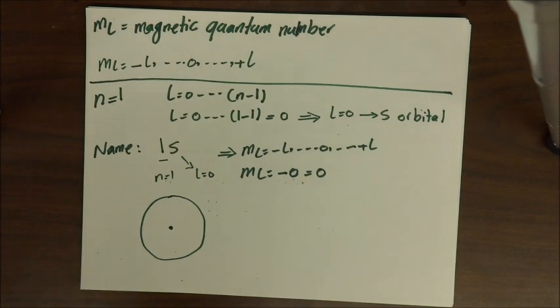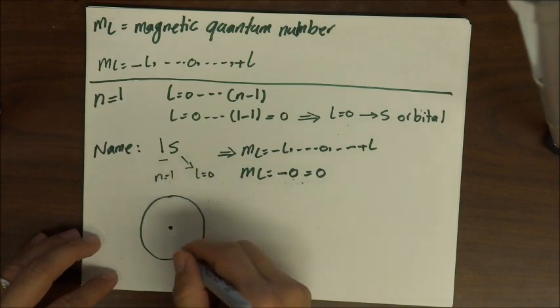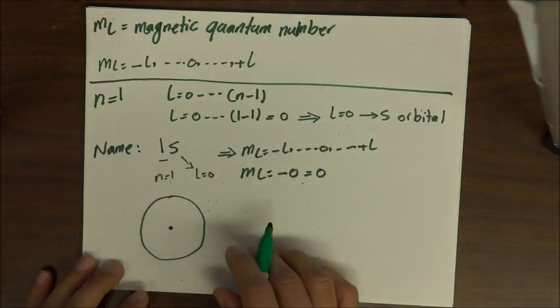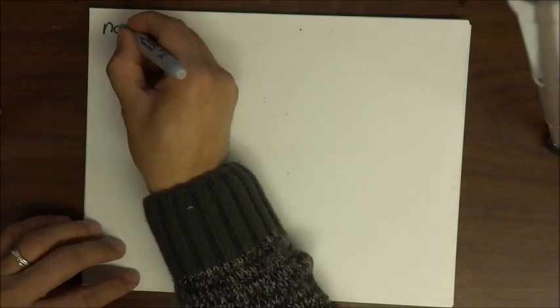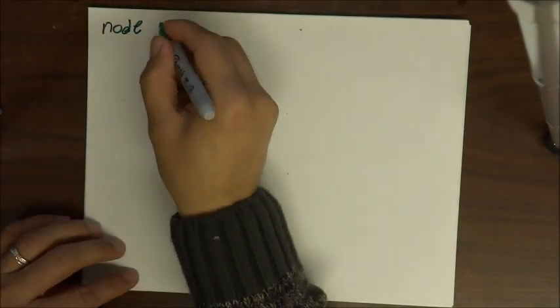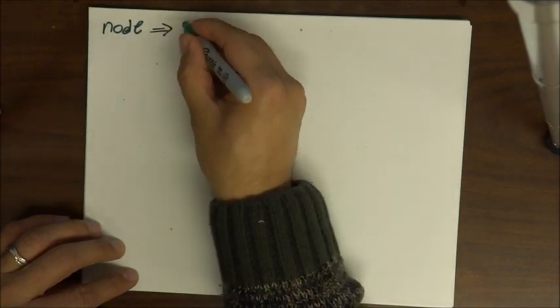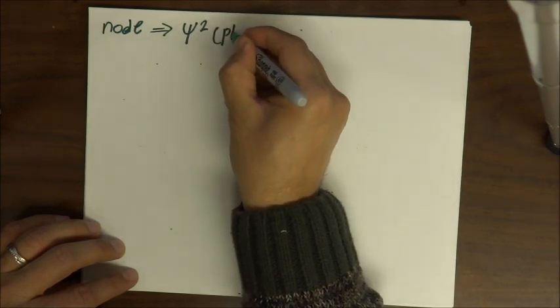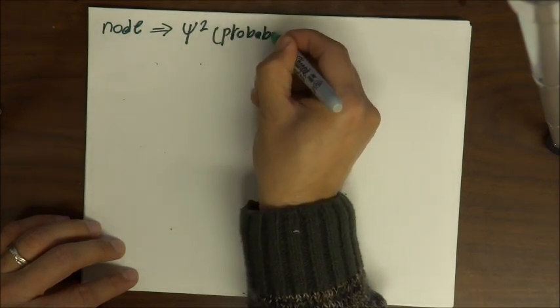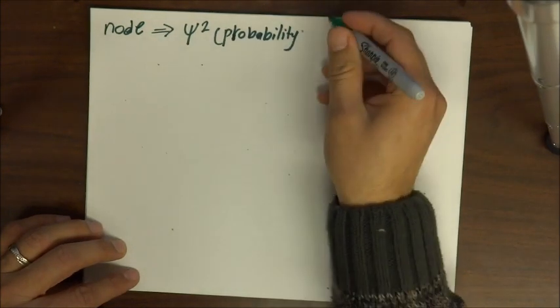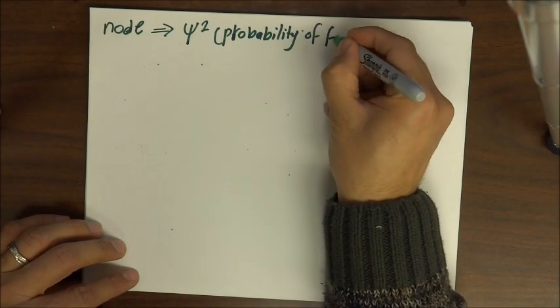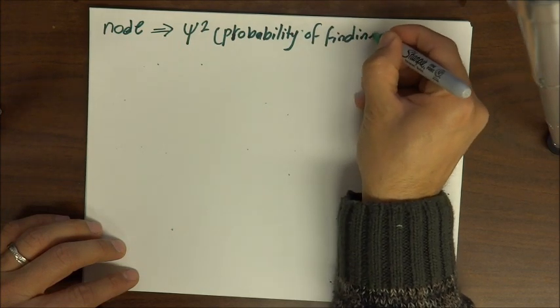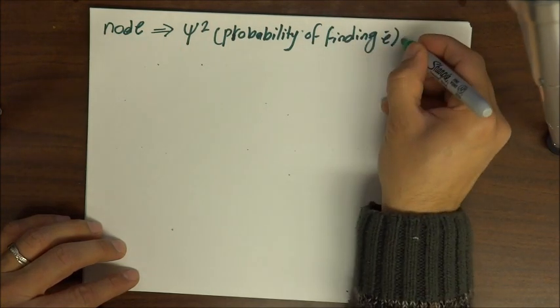Now, I need to tell you something, we call it node, because I need to show the phase of each orbital. A node is a place where the probability of finding an electron is equal 0.